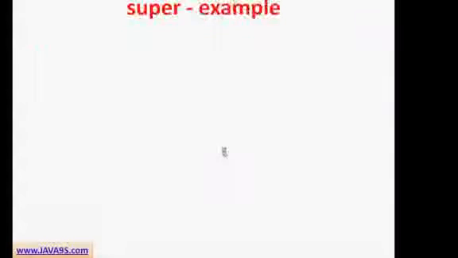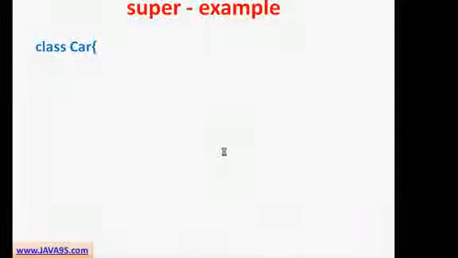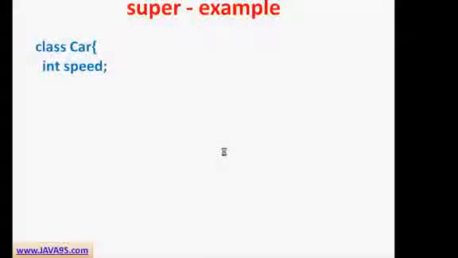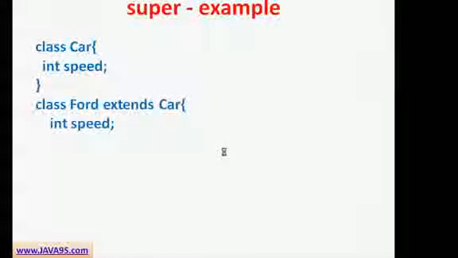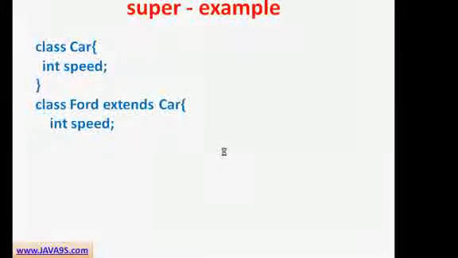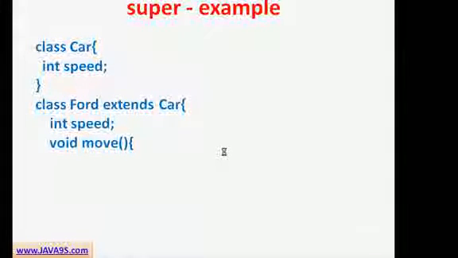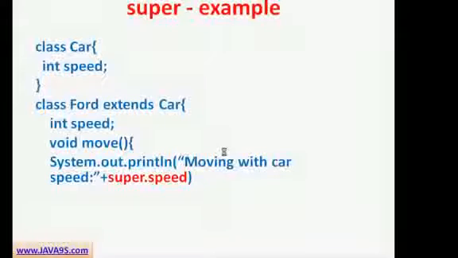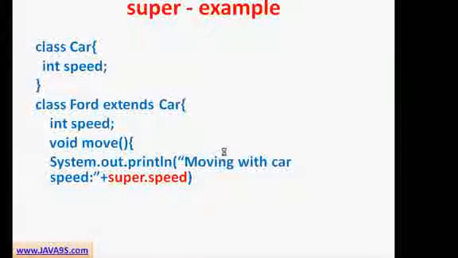To cite an example of super, say I have a class Car and I have mentioned speed as an instance variable inside it, and I'm declaring Ford which extends Car, and I need to define an instance variable in Ford also, with speed as the name. So when I want to access the speed instance variable from the Car class, then I have to explicitly say that please access it from the superclass using the super keyword.